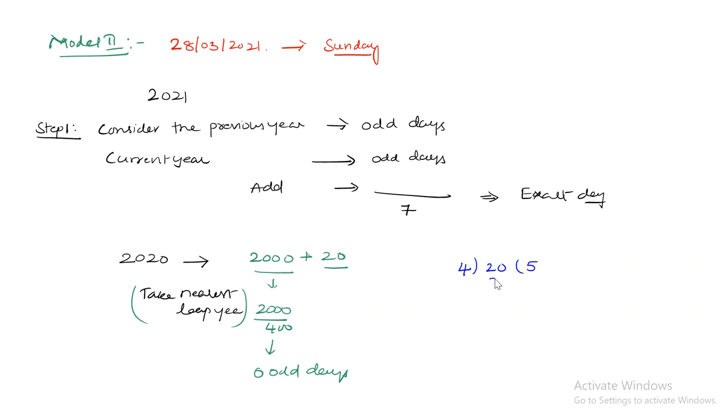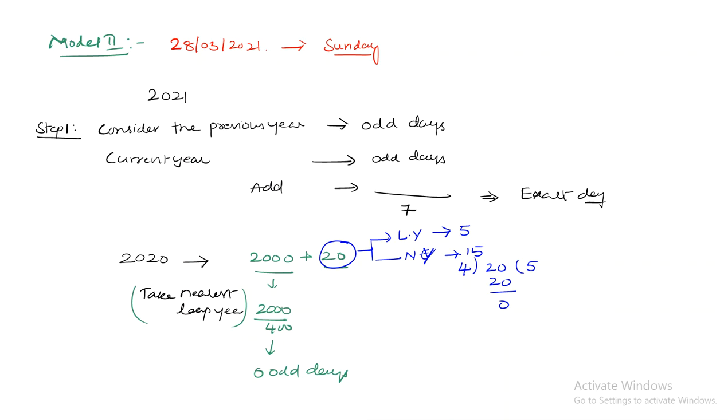So 4 5s are 20. That means among these 20 years, there are leap years and there are some normal years. In the leap years how many are there? 5. Okay, and among the 20 years, 5 are leap years and the remaining normal years are nothing but 15. Okay, remember this point.